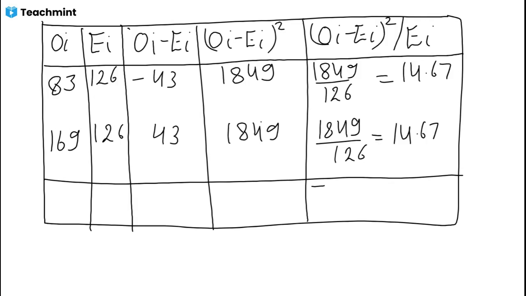So this is the summation of Oi minus Ei squared over Ei: 14.67 plus 14.67 is 29.34.